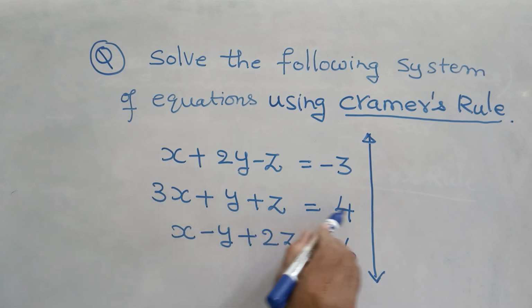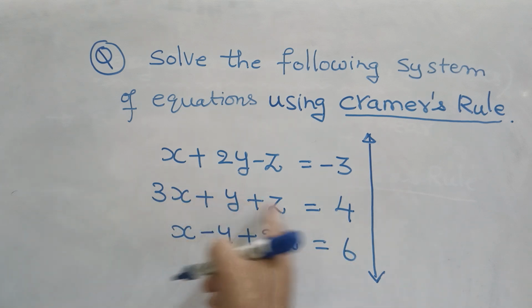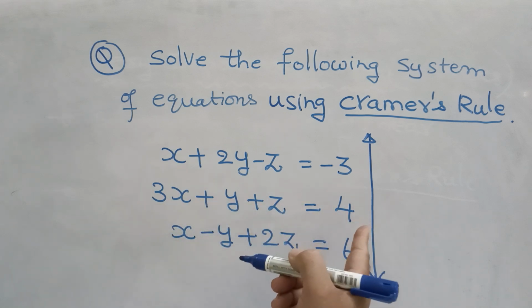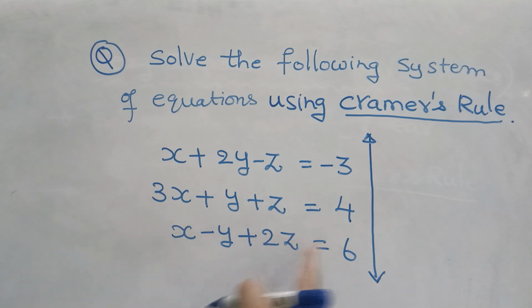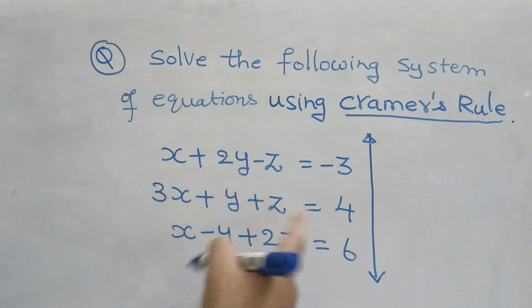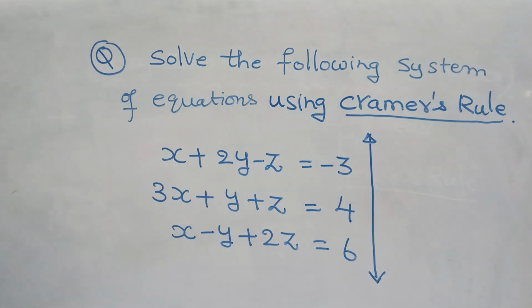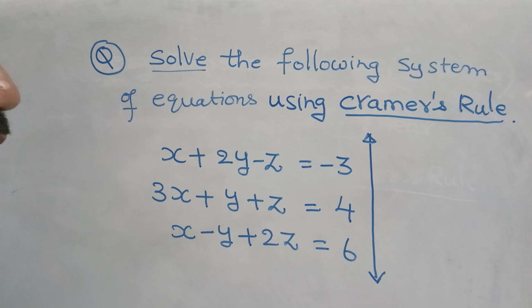Coming to the second equation, here also it is given in terms of x, y, z. And coming to the third equation, it is also in the form of x, y, z. So three equations are there, and all these three equations are in terms of x, y, z. Then what is the meaning of solve? For what do we have to solve actually?